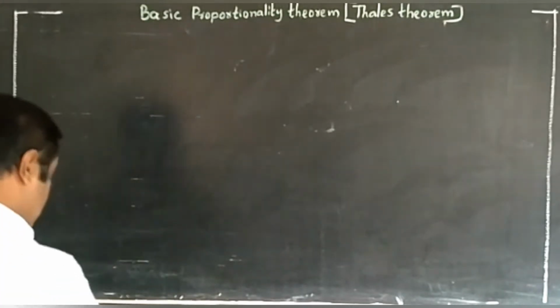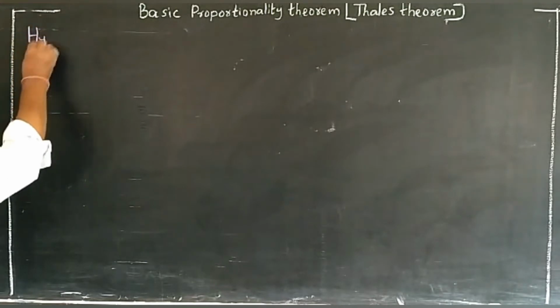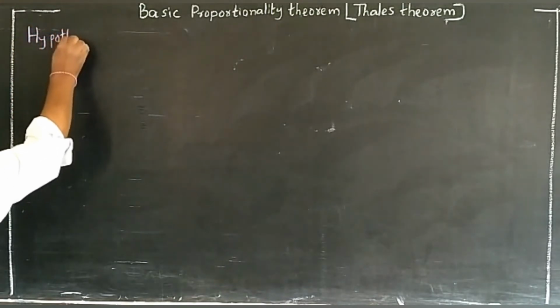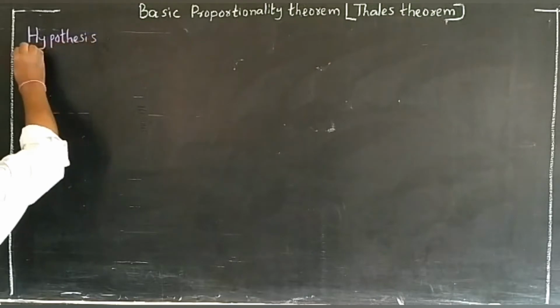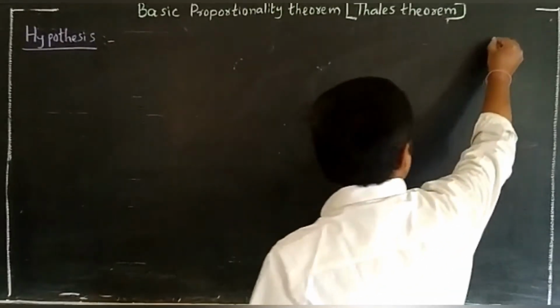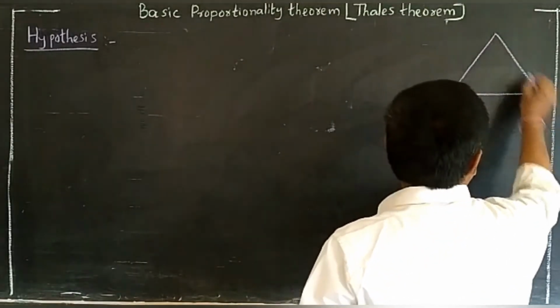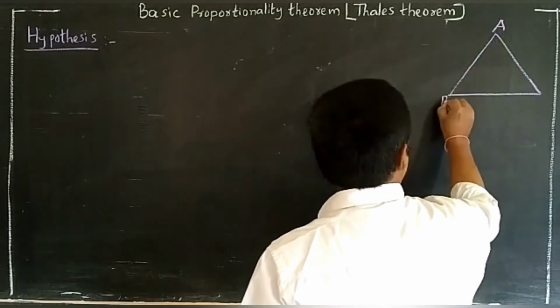See this. I am going to write the hypothesis. What does the hypothesis mean? I am taking one triangle, for example ABC.